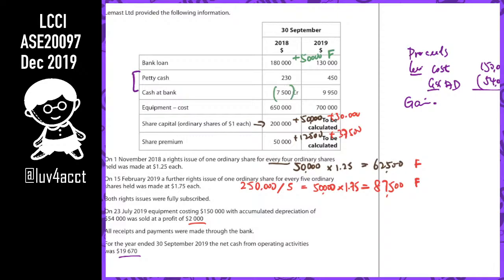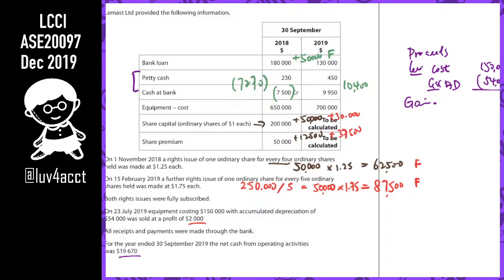Credit means negative. So opening balance, we have 230 and then 7,500. That means we have negative 7,270. This is the second last item. And then the last item, 450 and 9,950, we have 10,400. The last item, closing balance of cash and cash equivalents.